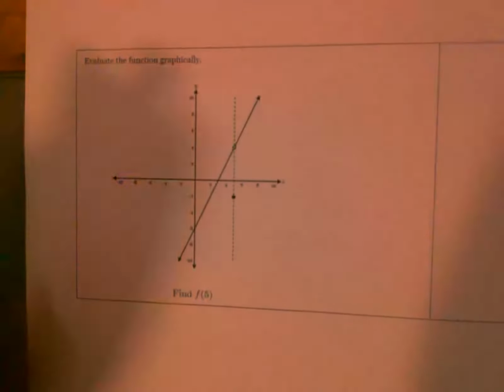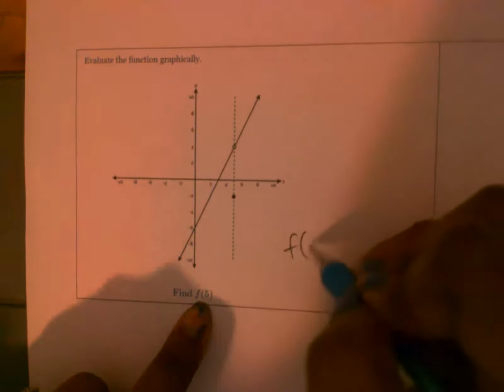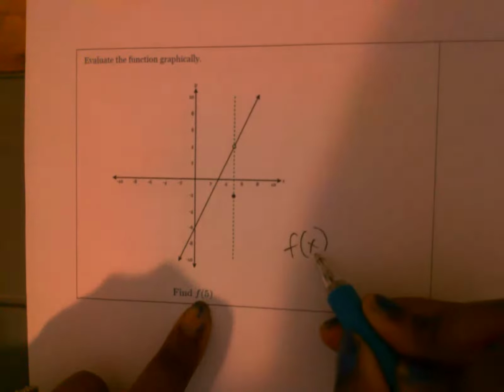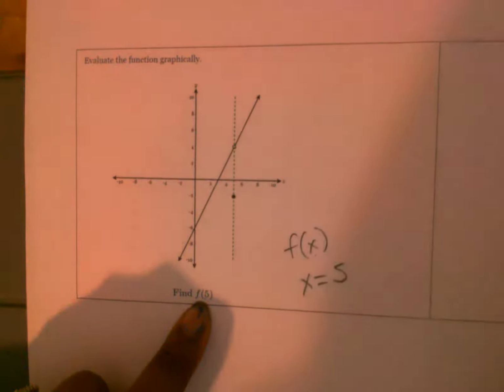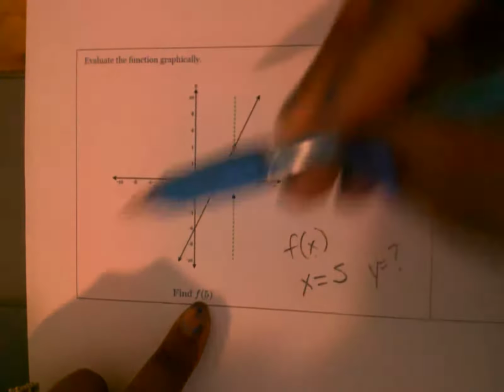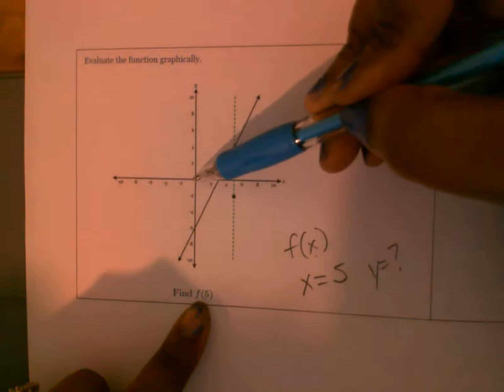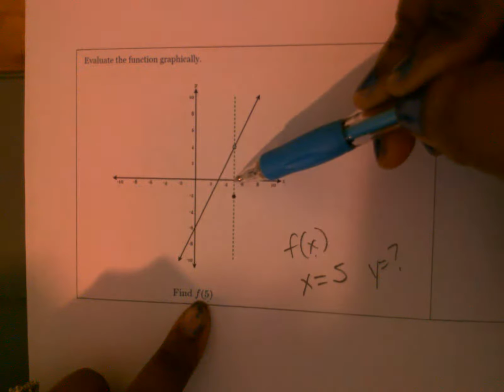All right, let's look at this one. They want you to find y again because they give you f. Remember f of x? They put a number in this place. They put 5 in that place. So that means that x is equal to 5. So find what y would be when x is 5. So go to 5 on the x-axis, which is right here, and then go up to the line.